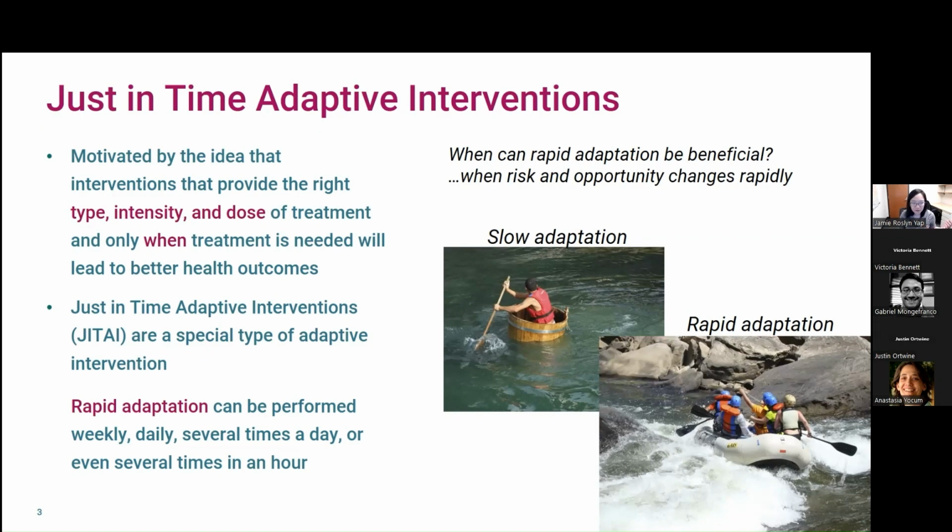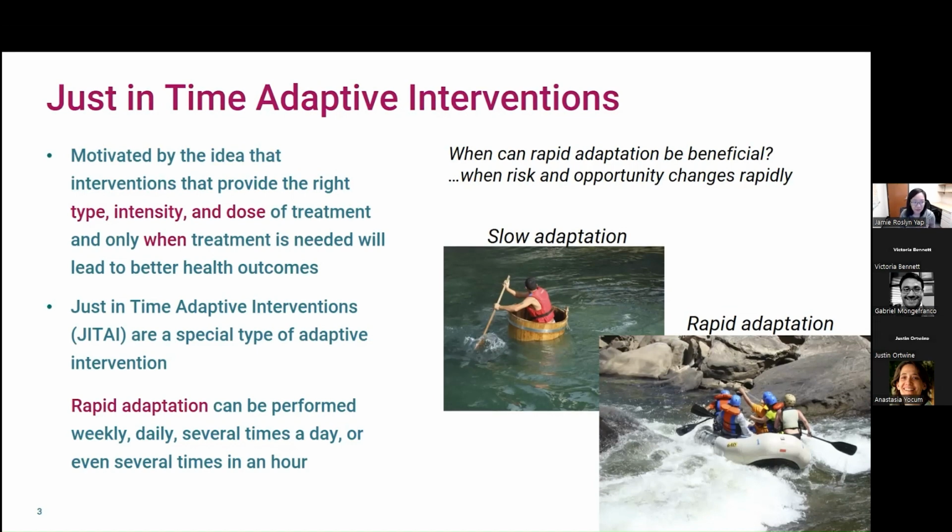So if a just-in-time adaptive intervention, or JITAI, is a special type of adaptive intervention, what differentiates it from other types of adaptive interventions? Well, it is primarily differentiated in the rapid adaptation of the intervention. And rapid adaptation means that the adaptation can be performed weekly, daily, several times a day, or even several times an hour.